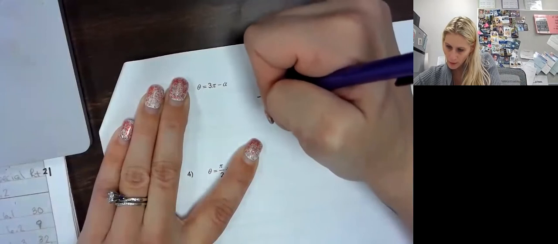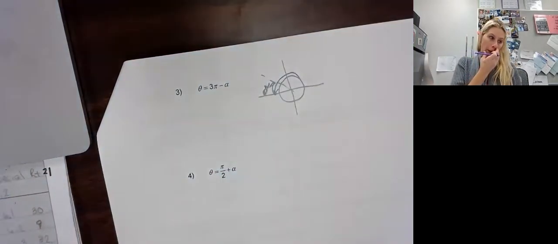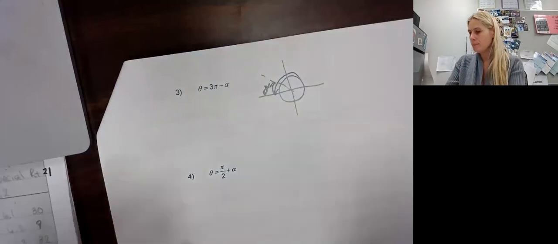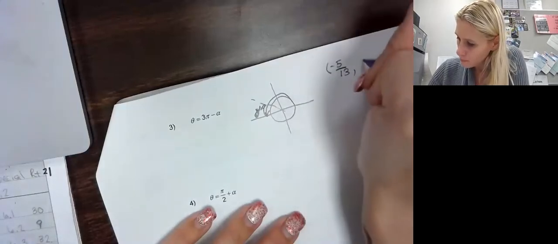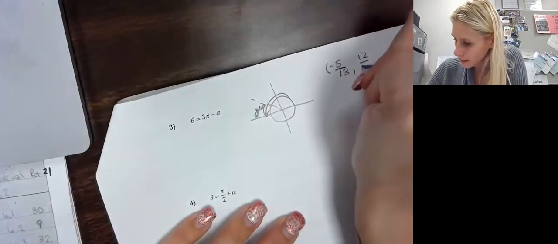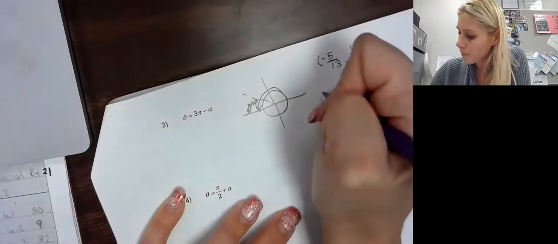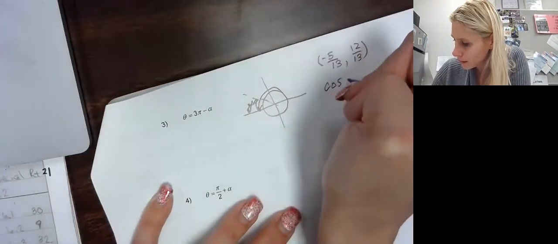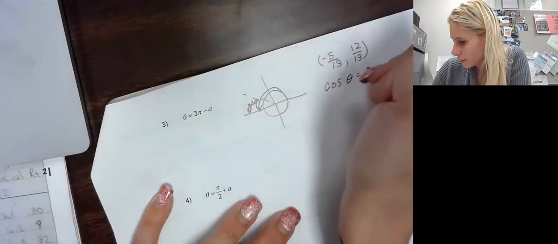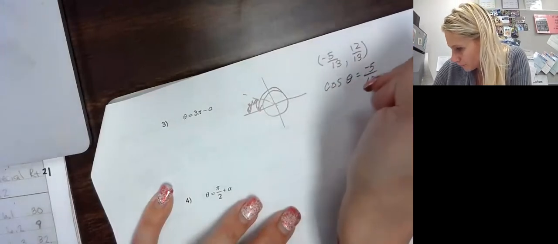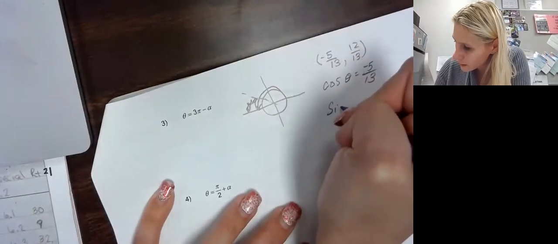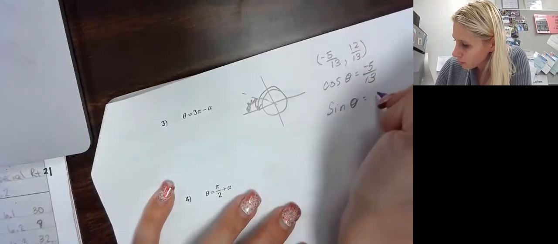We went backwards, alpha right here. So where are we? We're in the second quadrant, which means we have negative 5/13, but our sign there is positive. So officially, cosine of theta equals negative 5/13, and sine theta is 12/13.